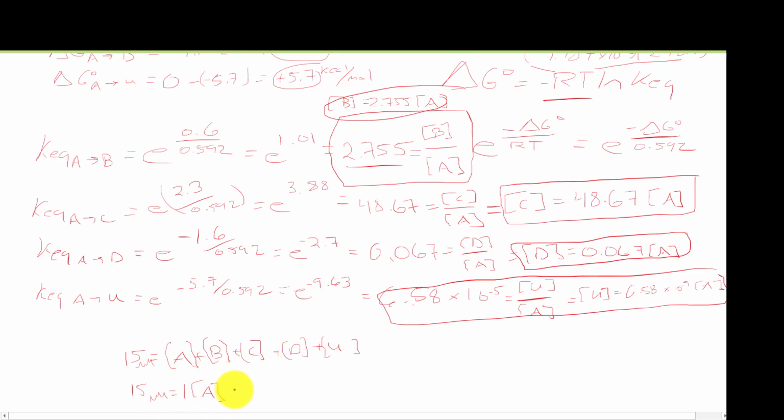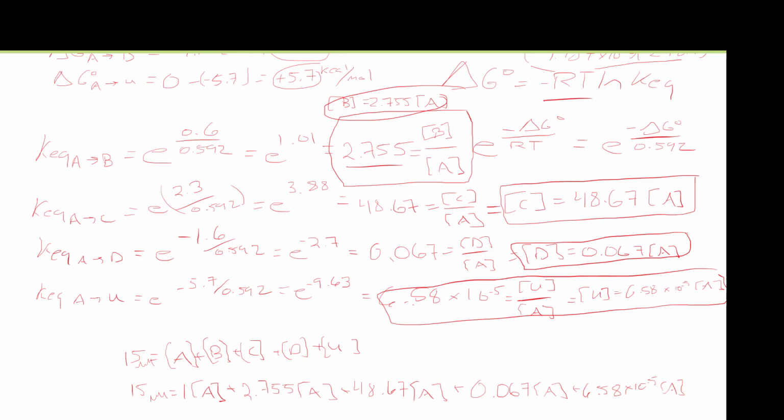We didn't need to solve for that. B, we said, was 2.755 of A. C, we said, was 48.67 times A. And that should make sense because C was the lowest energy. D, we said, was 0.067 A. And U, we said, was 6.58 times 10 to the negative fifth A.